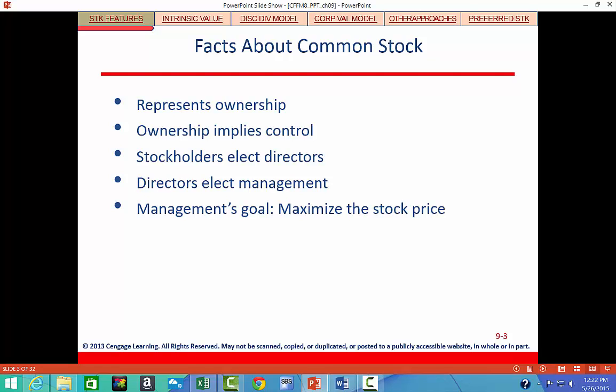So a firm's common stockholders have the right to elect the firm's directors, who in turn elect the officers who manage the business. Now, in reality, if you own like 5 shares of AT&T stock, you really don't have much control over the firm at all.